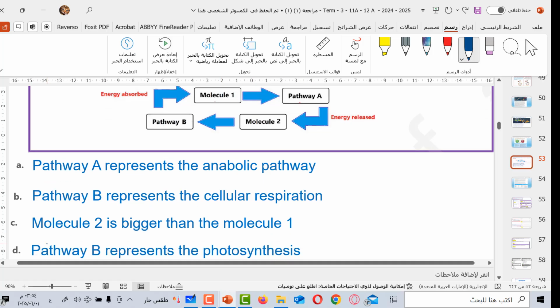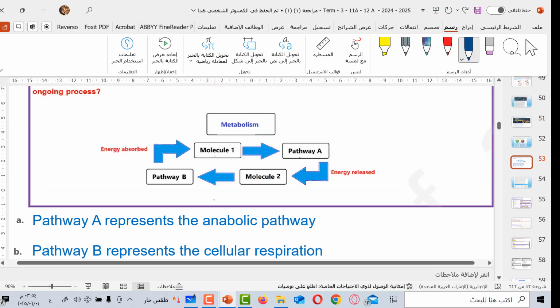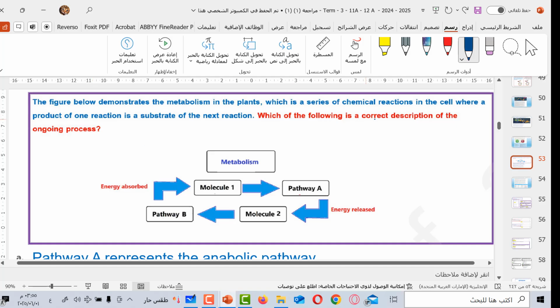Okay. Molecule 2 is bigger than molecule 1. Pathway B represents photosynthesis. He asked which of the following is a correct description of the ongoing process.